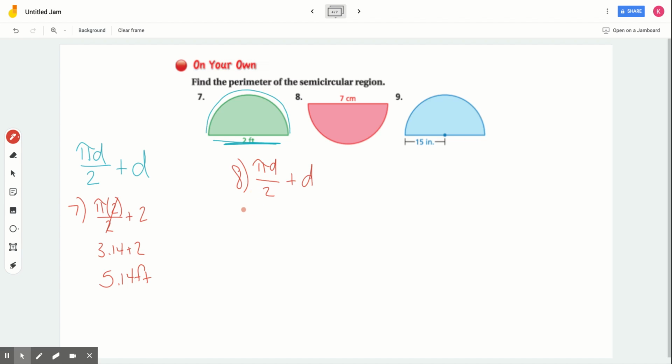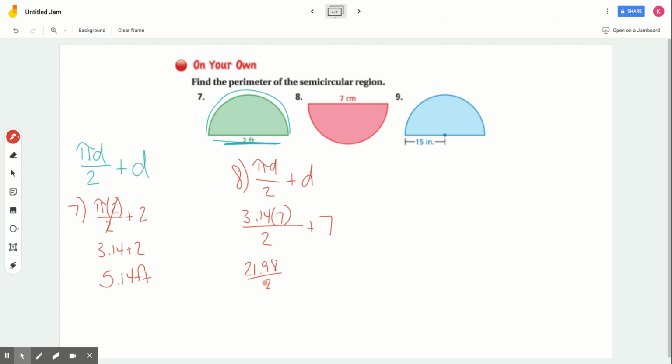Now again, we're going to plug in the diameter of 7 here. Now, we can't easily divide 7 by 2, so here I would recommend multiplying 3.14 times 7 to start. So when you do that, you are going to end up with 21.98.